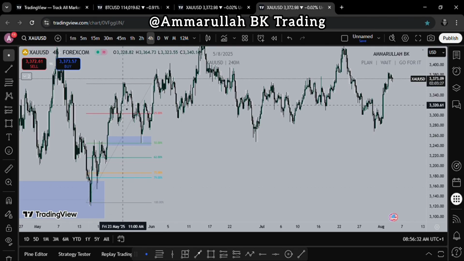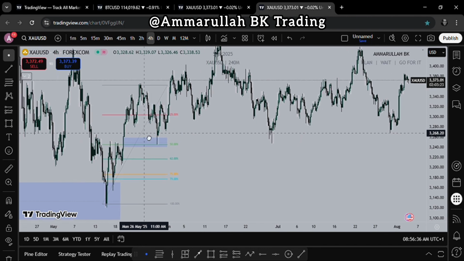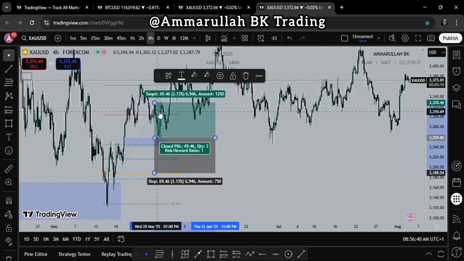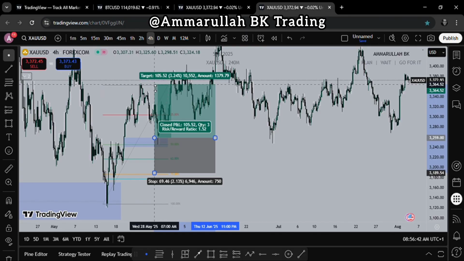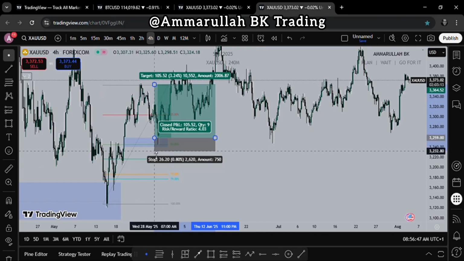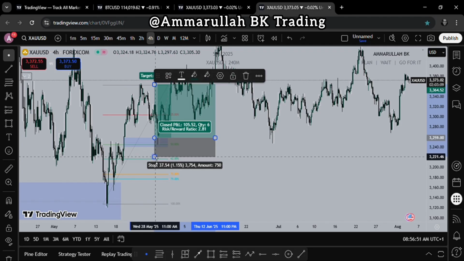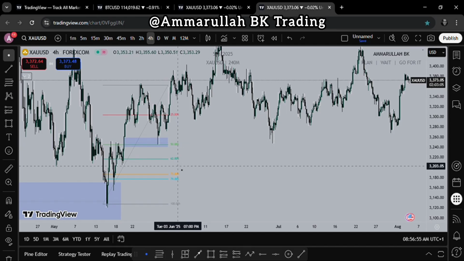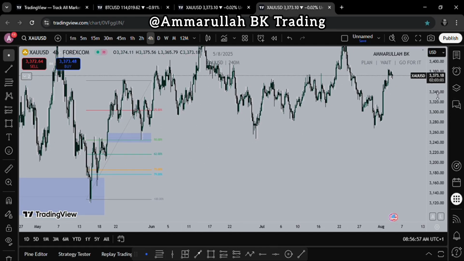So here is the fair value gap we have right there. So one can take their trade right there and target right here, stop below this low, or right here at the order block, which is a good entry, right? So let's continue from where we are.